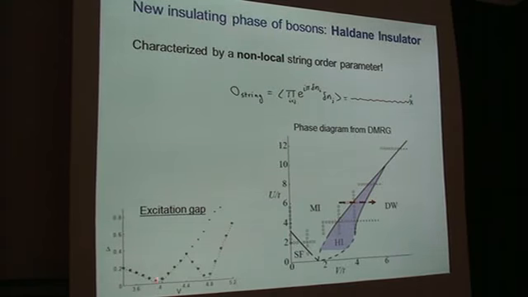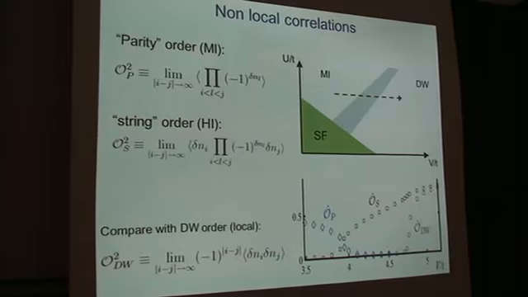So the first thing you can do with DMRG is just look at the first excitation gap, and you see that it looks like 2 quantum critical points holding another phase in between. And you can characterize this phase a little better by looking at correlation functions. So I'm now looking at correlations. What happens to correlations as you go through the Mott insulator? Maybe this is written in an inconvenient order.